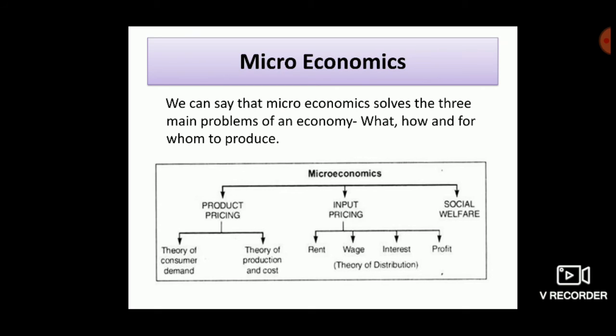Production function is related to theory of demand, theory of supply, theory of price determination, and optimum allocation of resources. Factor pricing is related to wages, rent, interest, and profit. This is the theory of distribution, because any producer is going to distribute. So wages, rent, interest, and profit: factor pricing.